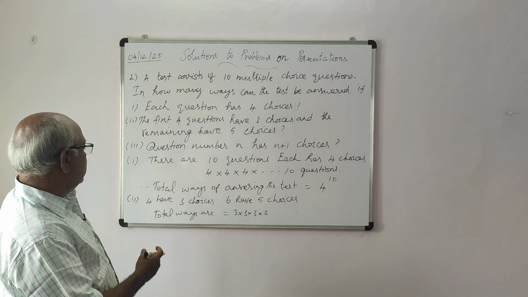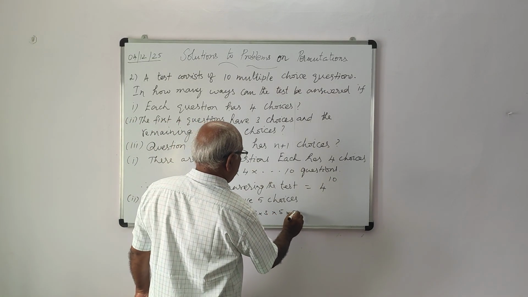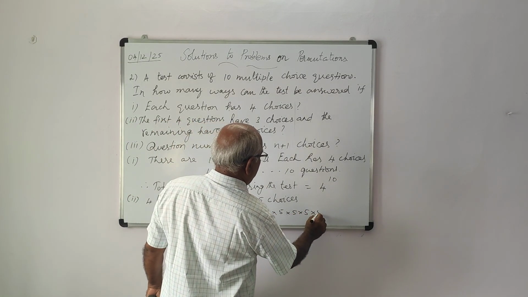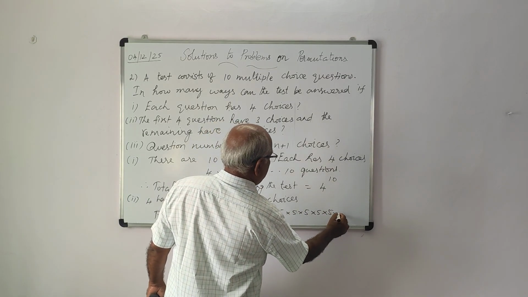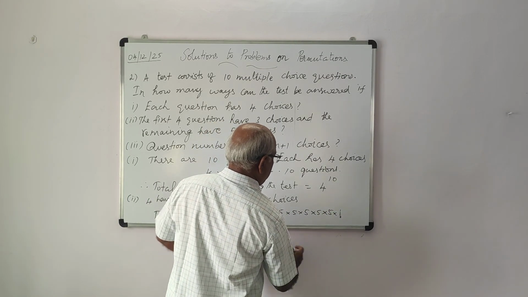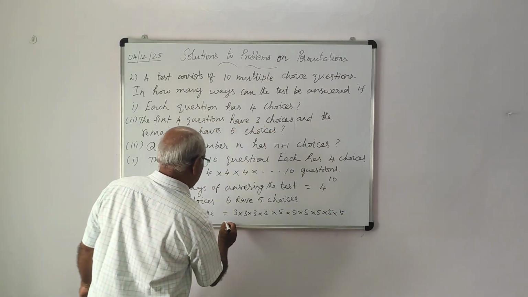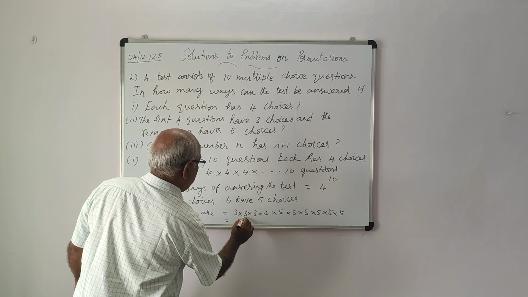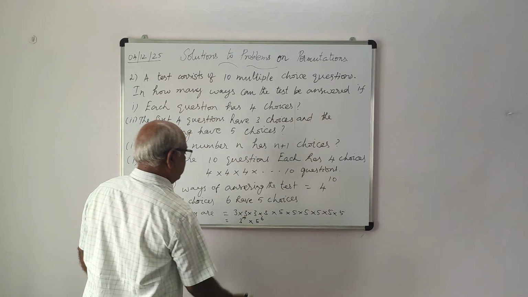The remaining 6 questions have 5 choices. Therefore, the total ways are 3 power 4 into 5 power 6.